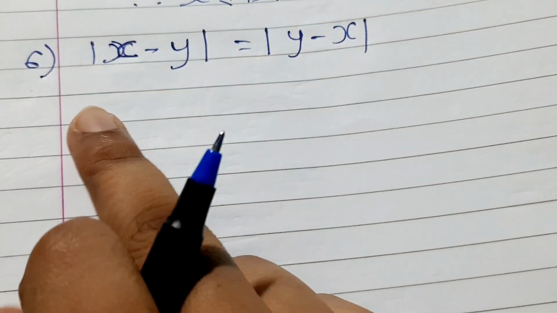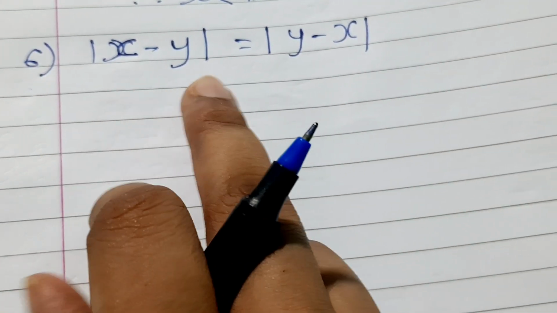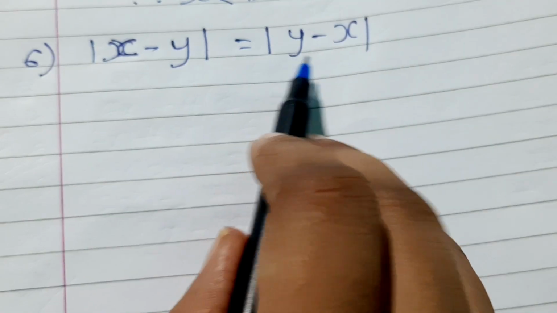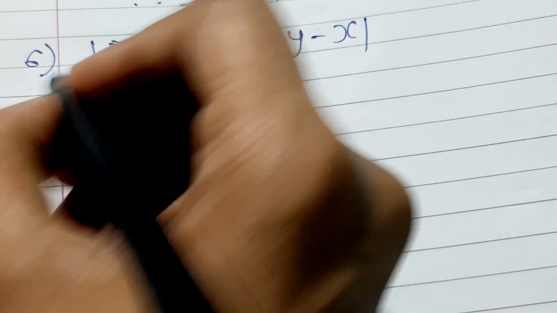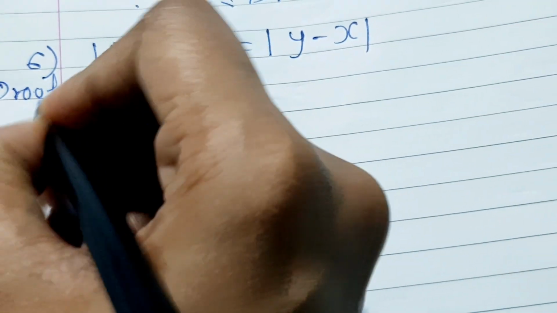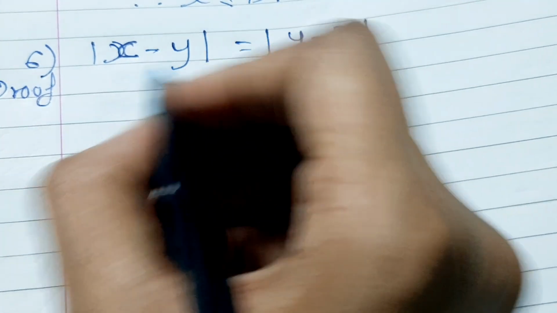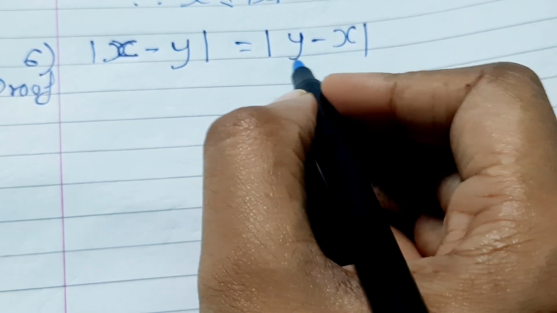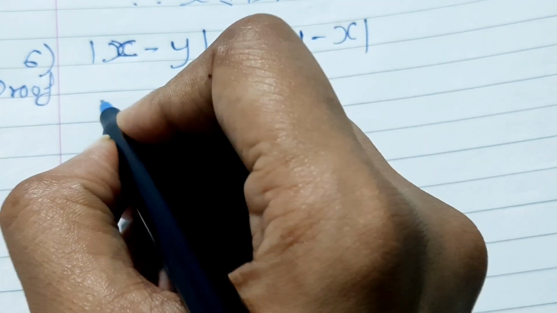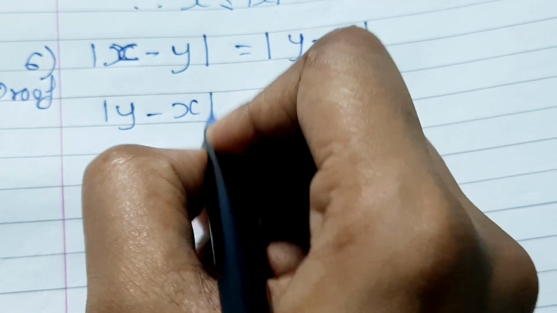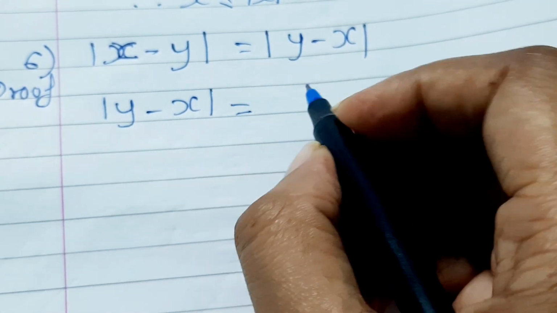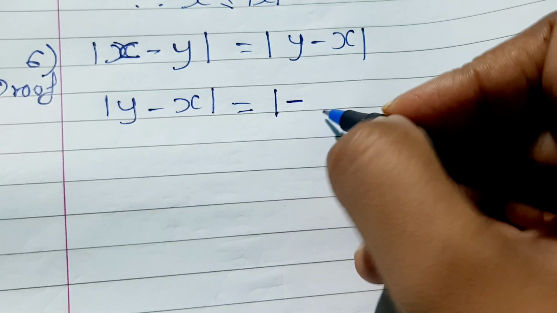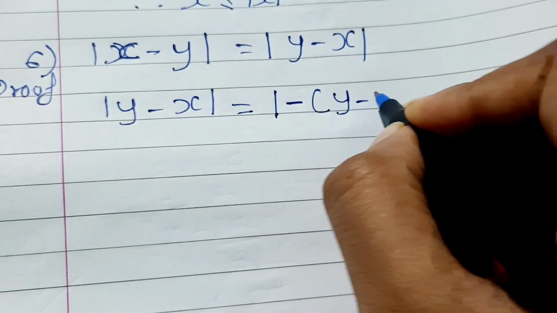Now let us prove this one. You all can take down: modulus of x minus y is equal to modulus of y minus x. We need to prove this. How are we going to prove this? First write down modulus of y minus x. Let us take this one and prove. Modulus of y minus x is equal to modulus of minus of y minus x.